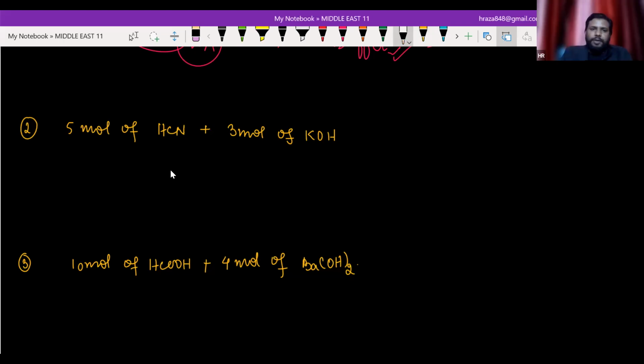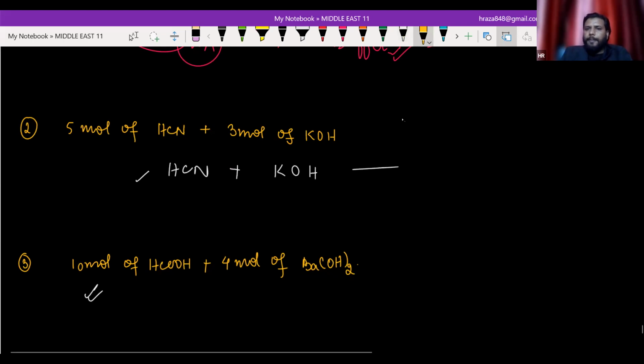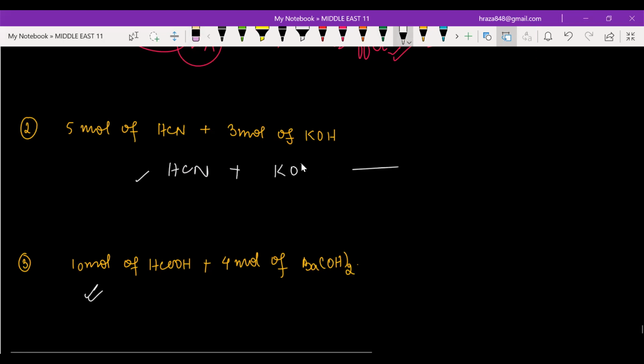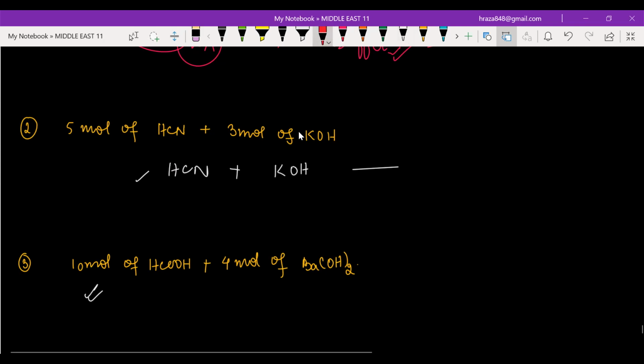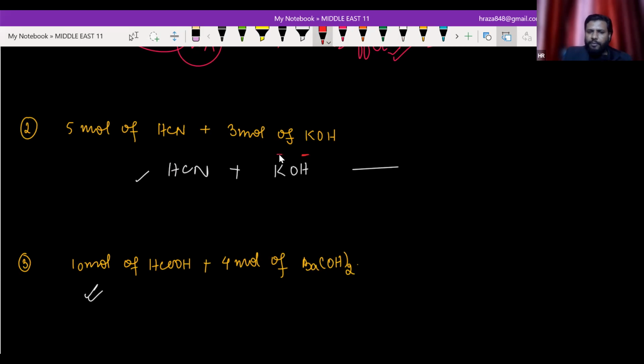Okay. I'm going to give a better explanation of this with the help of HCN plus KOH. Whenever you have doubt in this, just think OH in aqueous solution will be OH minus, right? So everyone concentrate here. If you have problem in writing the equation, just mark it as minus, and K will be positive, K plus, right?